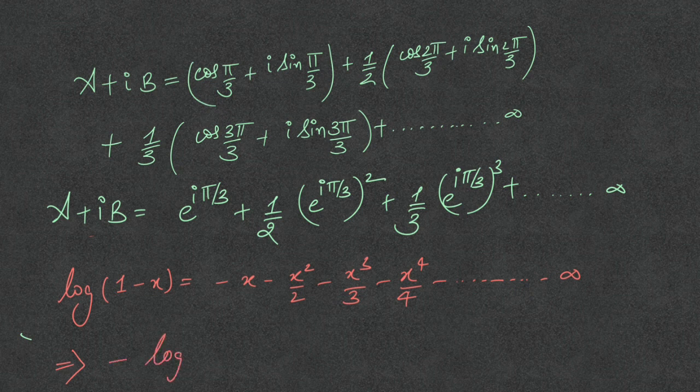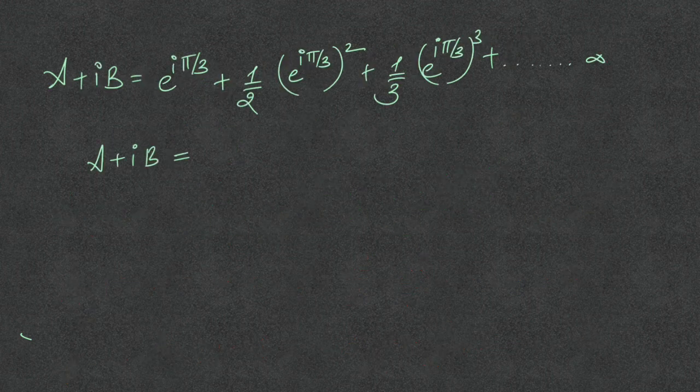It becomes minus log of 1 minus x is equal to x plus x squared by 2 plus x cubed by 3 plus so on up to infinity. Applying this expression on the right hand side of A plus iota B, we get minus log of 1 minus e raised to power iota pi by 3.